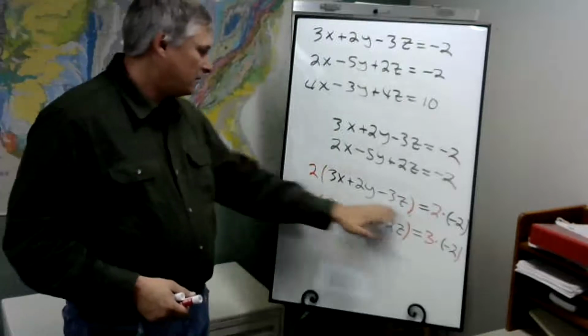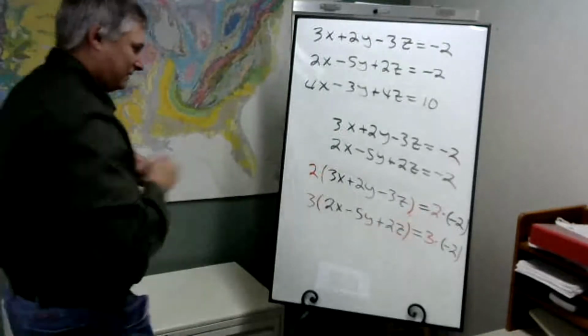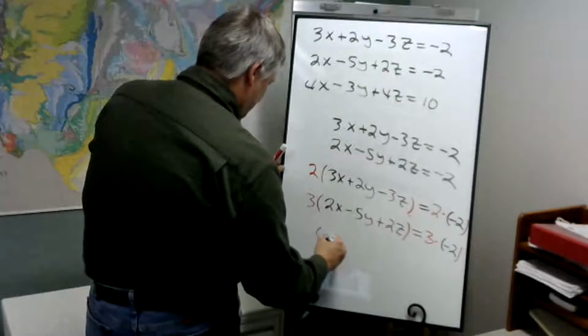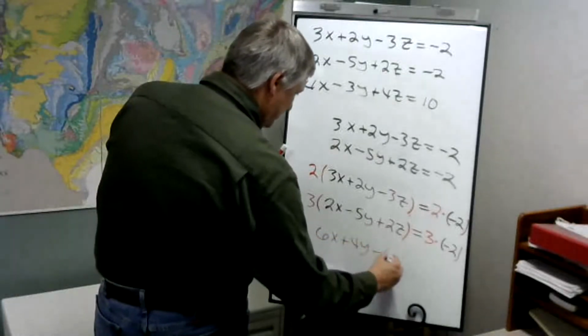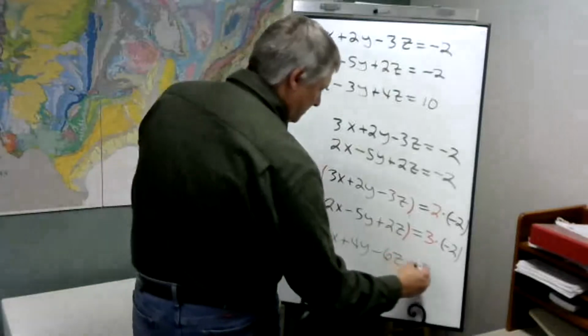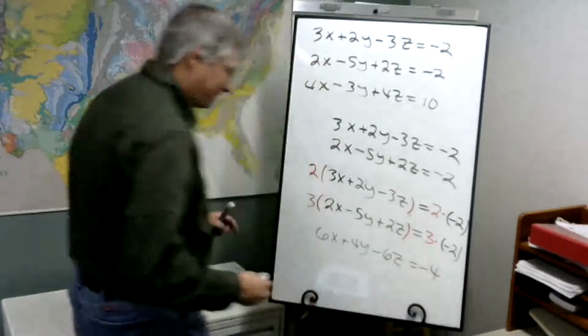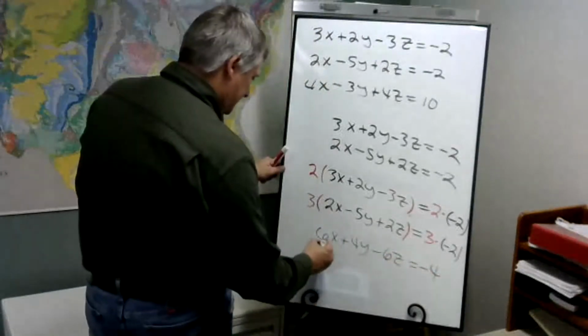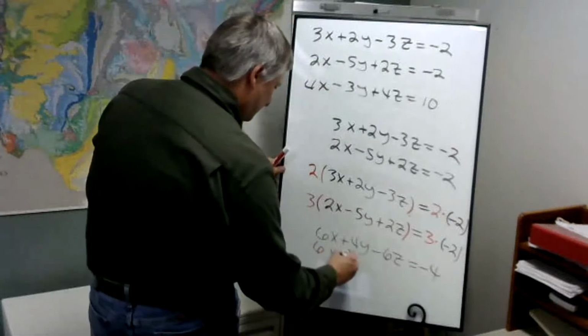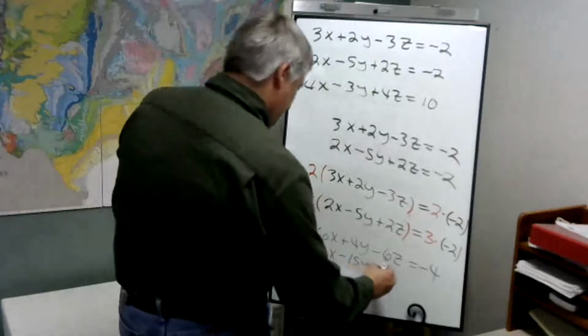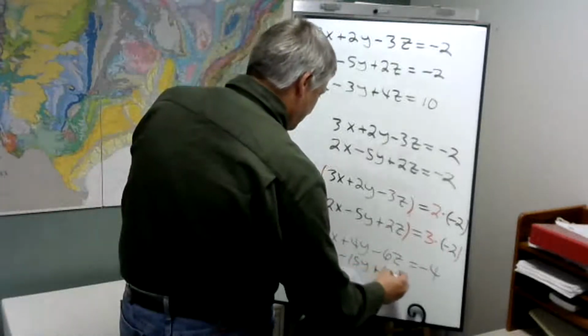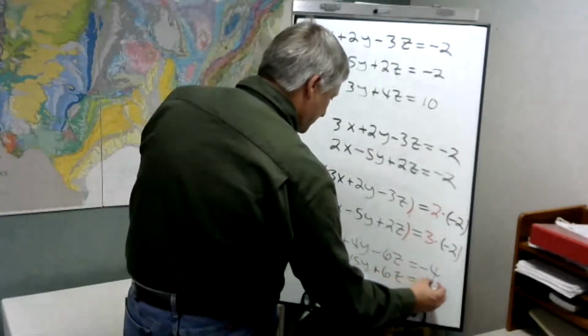So if we go through with our distributions, we get 6x plus 4y minus 6z equals -4. And then 6x minus 15y plus 6z equals -6.